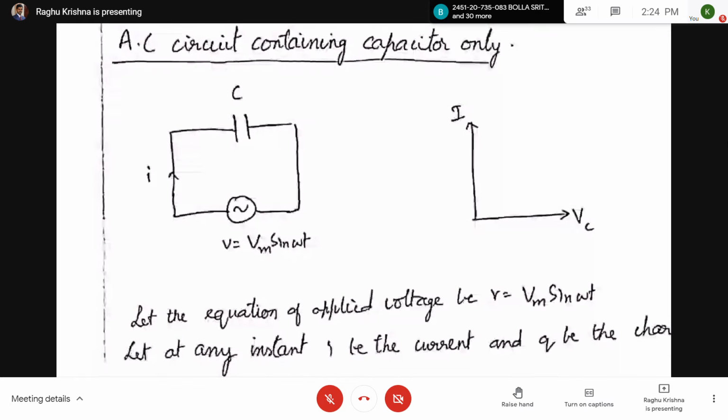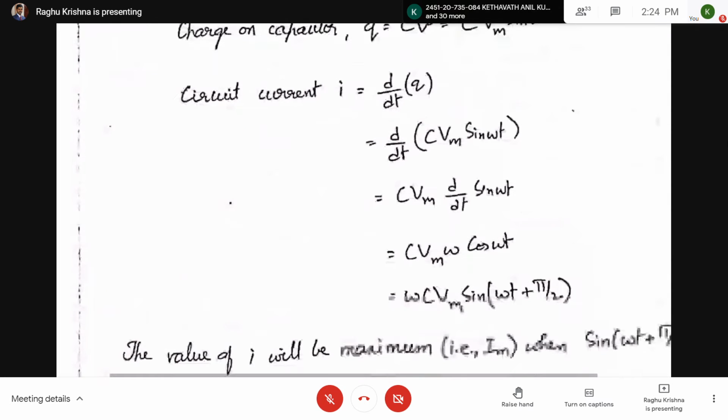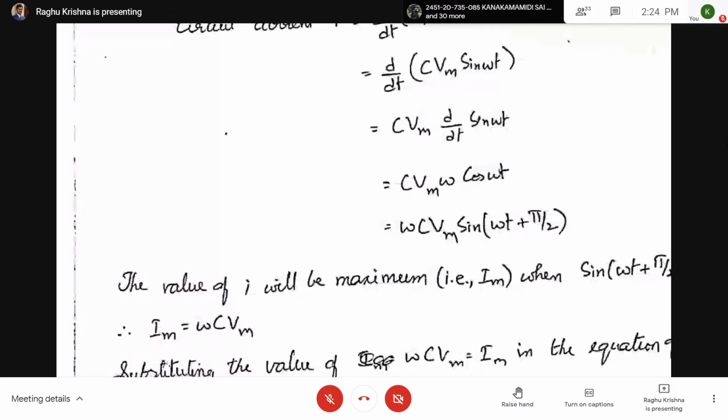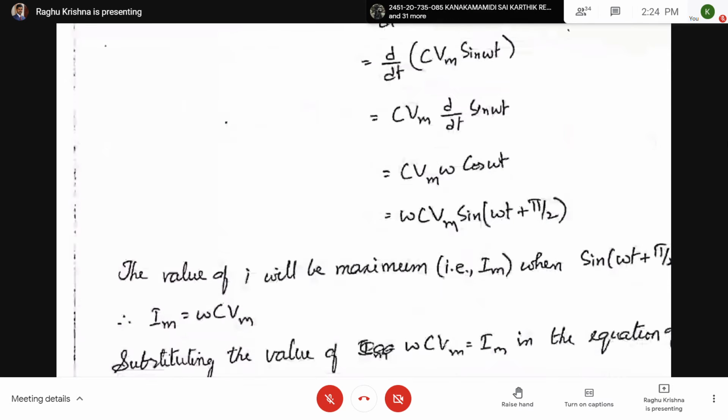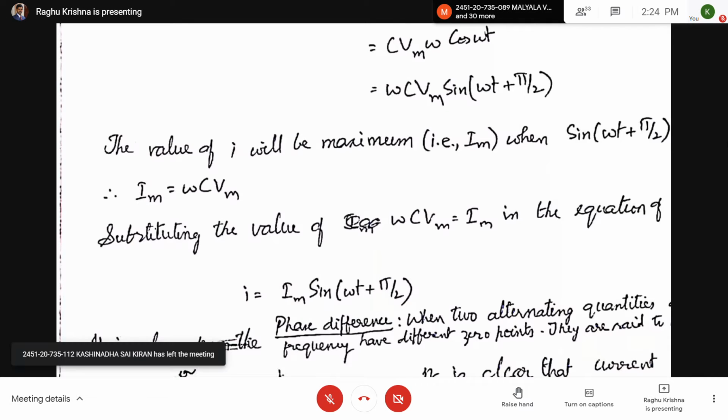If you take an AC circuit containing a capacitor only, here also you are going to get the expression for current. The current is given by I equal to Im sin(omega t plus pi by 2). So here the current leads the voltage by pi by 2. The phase difference between voltage and current is pi by 2.